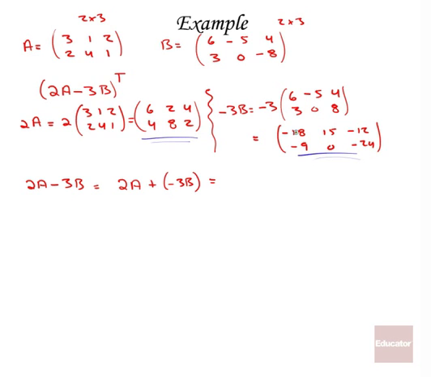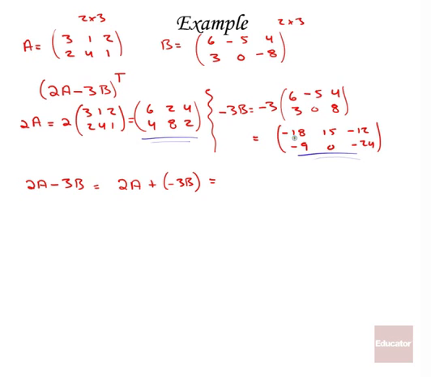Wait a second, did I get this right? Let me double check. Negative 18, 15, negative 12, negative 9, 0, negative 24. Yes, okay, that's negative 3B.